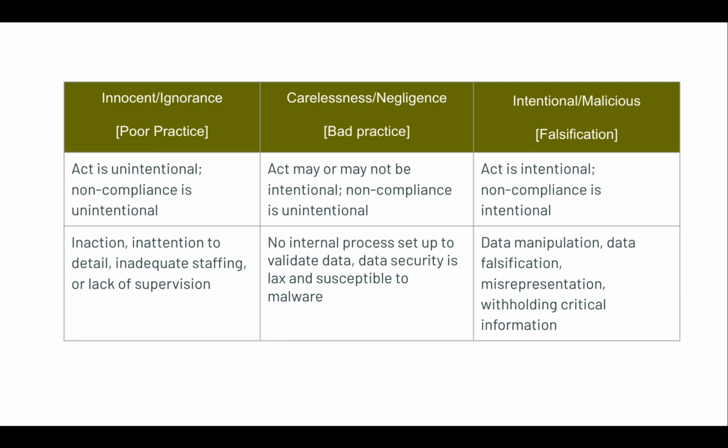So that said, of all the different ways that data gets compromised, we can categorize them into three buckets. We have the poor practice, we have the bad practice, and then we have falsification. As you can imagine, poor practice is the least compromising of data integrity, while falsification is the most compromising of data integrity.